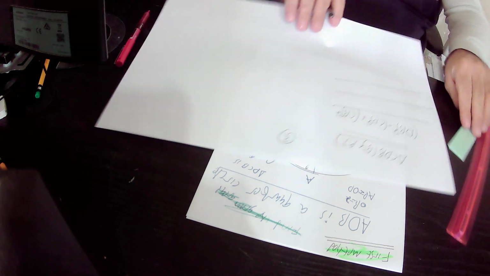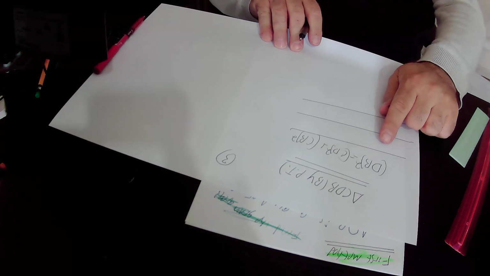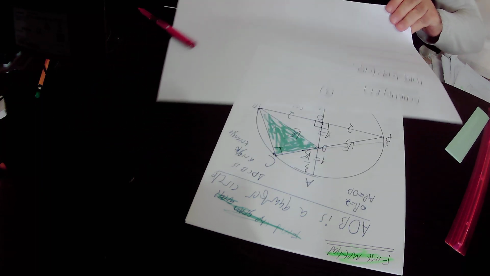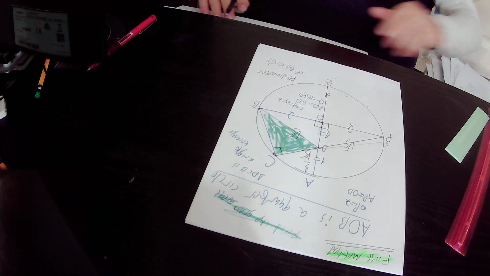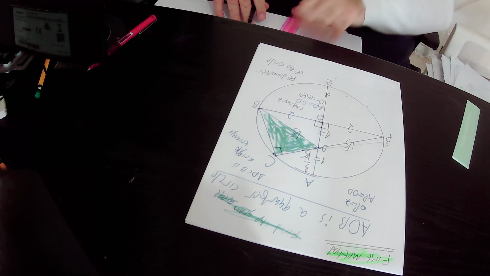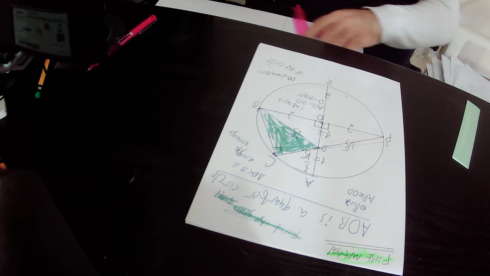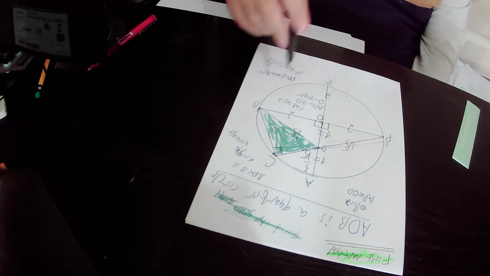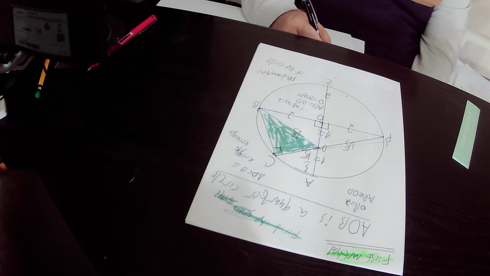Read again: in the right triangle CDB, according to the Pythagoras theorem, DB square equals CD square plus CB square. So here, DB equals square root of 5, so DB square is square root of 5 squared, that is 5.